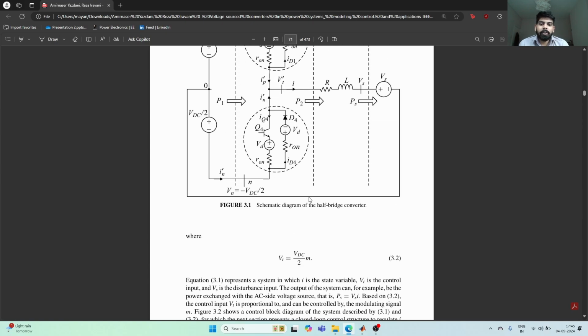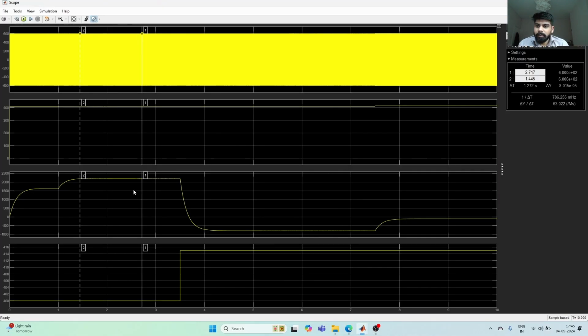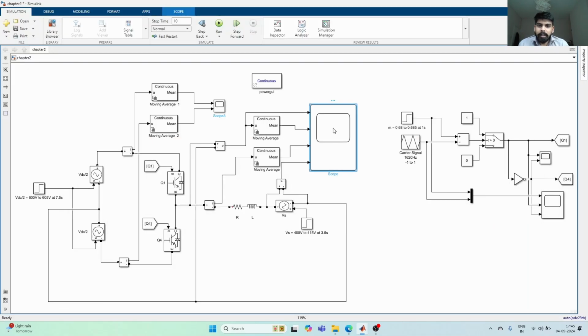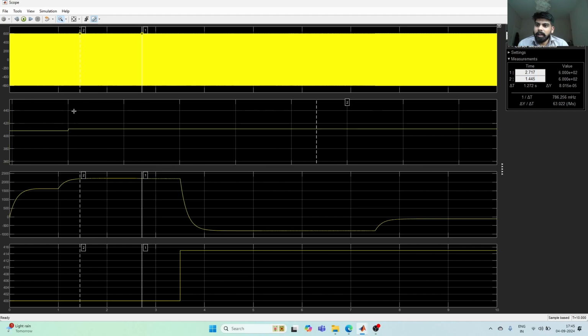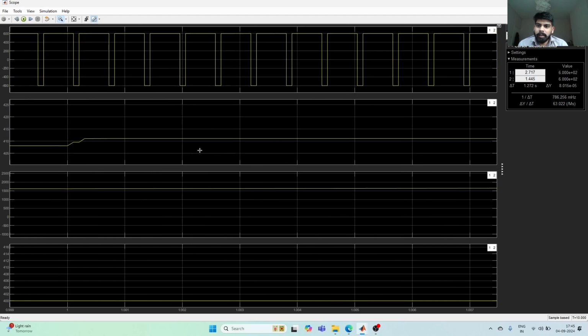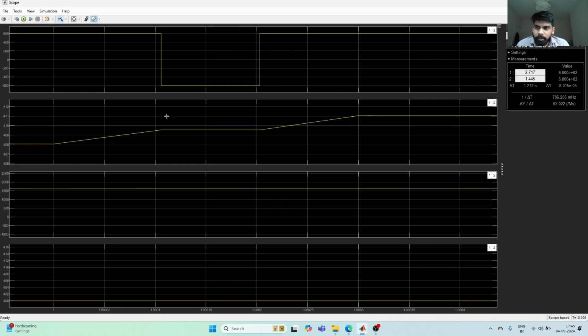So if we go back to our results, what we see is that the terminal voltage, if you calculate it, let's say it was 411.